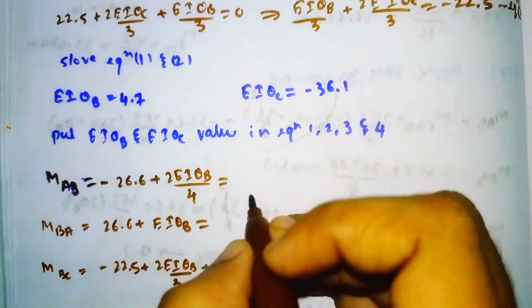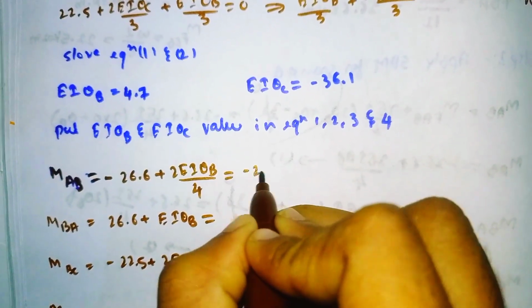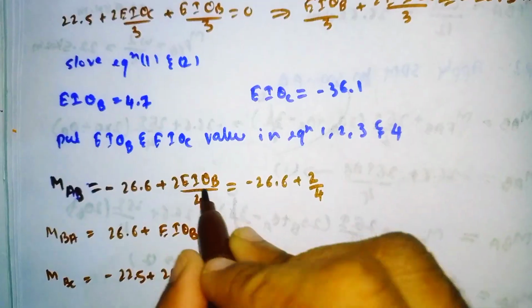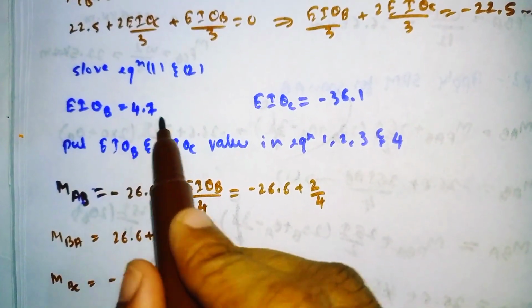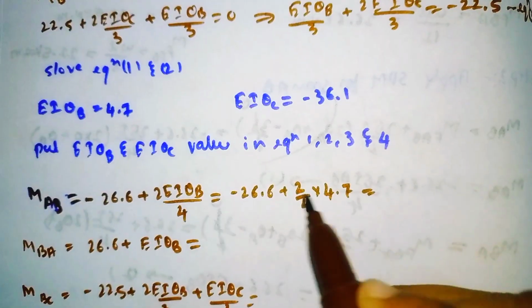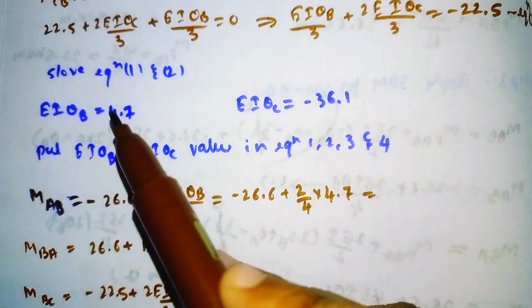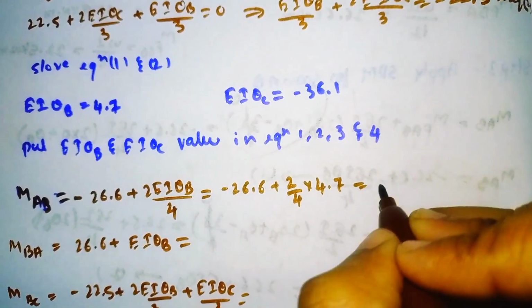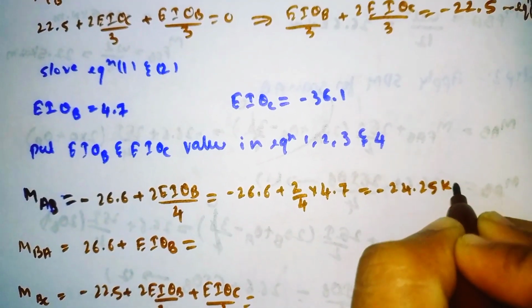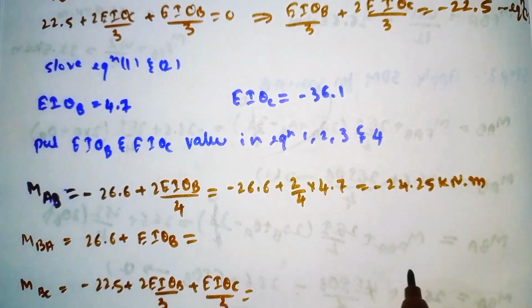So MAB is equal to minus 26.6 plus 2 divided by 4 EI theta B, the value we got was 4.7. Put that, simplify, it will come out as minus 24.25 kilonewton meter.